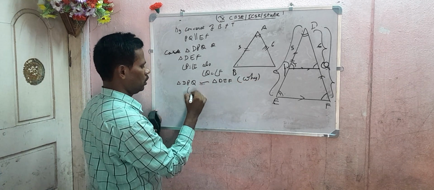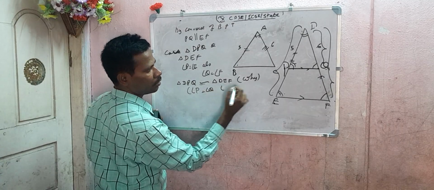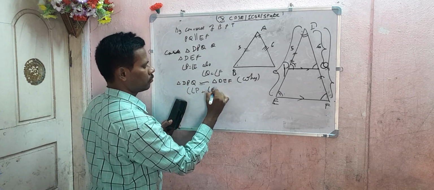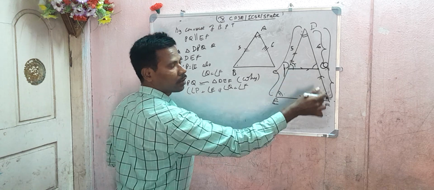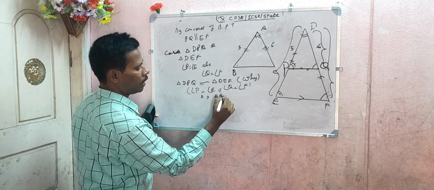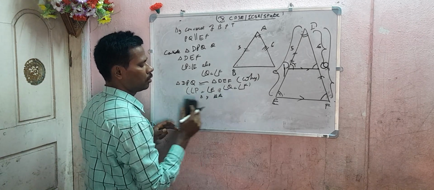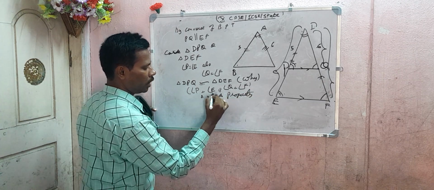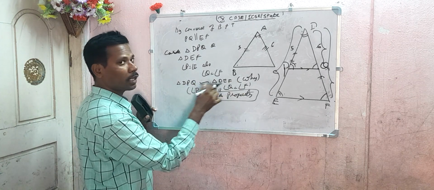Because angle P is equal to angle E, and angle Q is equal to angle F. So by the angle-angle property, this triangle is similar to this.